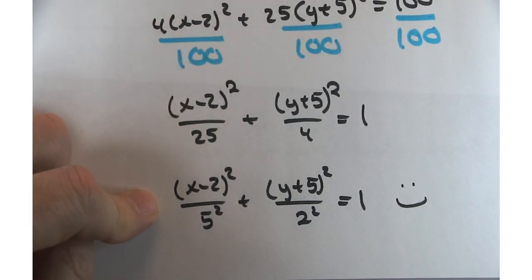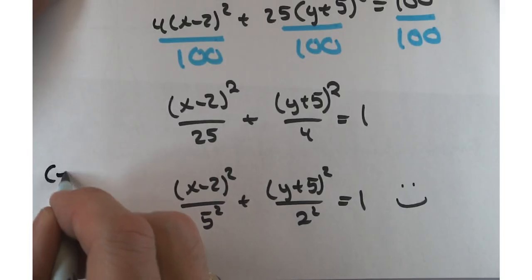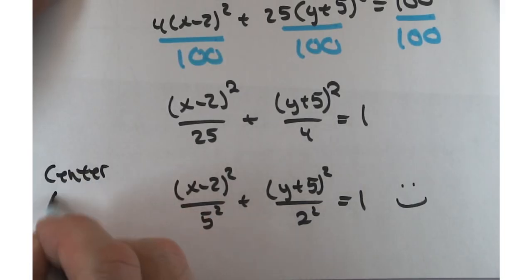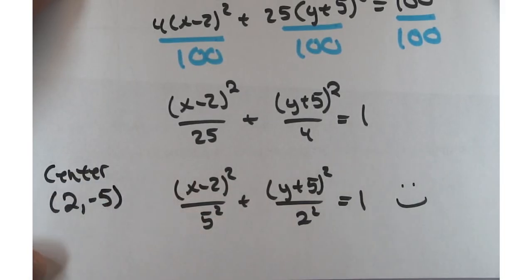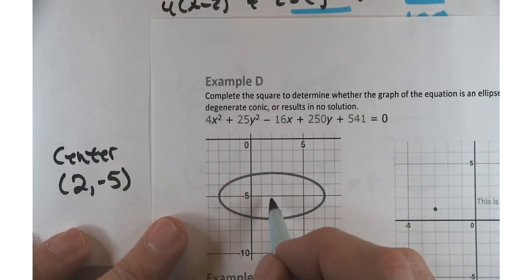We have the vertices. Yeah, once you have the center, what's the center on this one, Ellie? 2, negative 5. All right, so looking good there. And once you have the center, then it's easy to get the vertices. So this graph does look right.